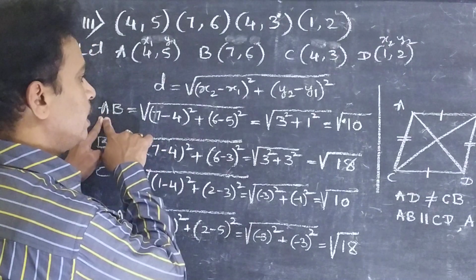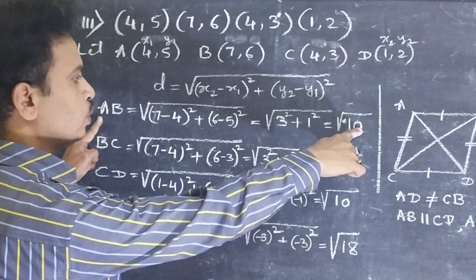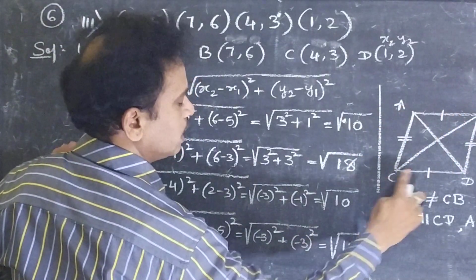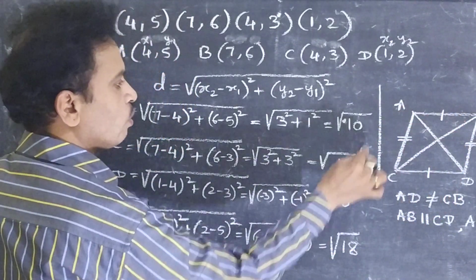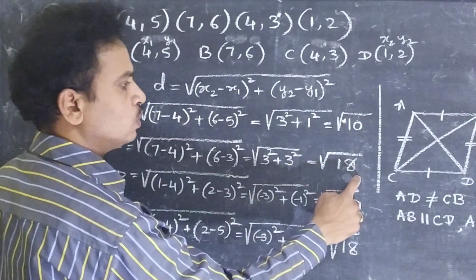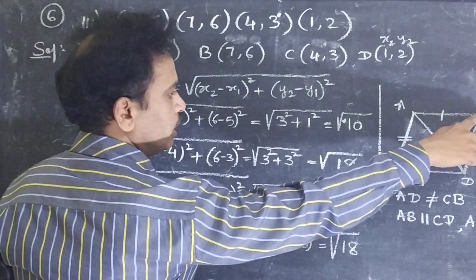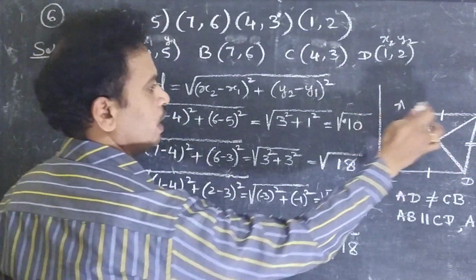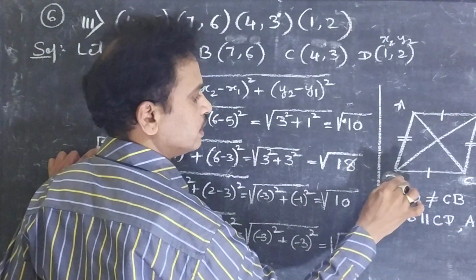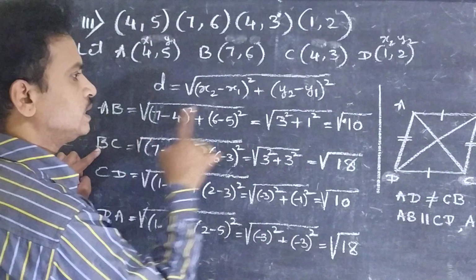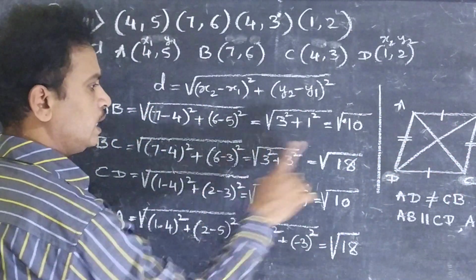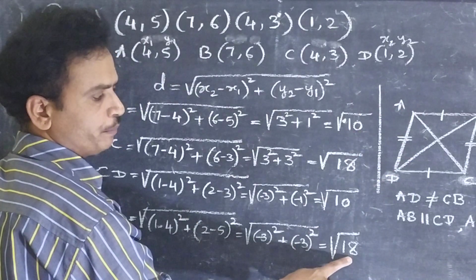Now here AB we got root 10, then CD we got root 10. AB and CD, these two are equal according to this problem. Then BC is root 18 and DA is root 18.